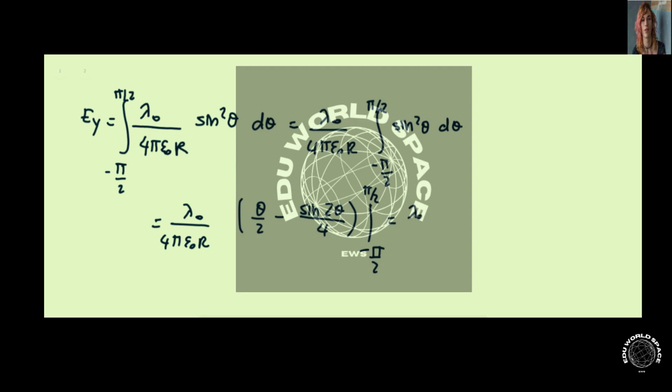Then we're going to have lambda naught over 4 pi epsilon naught r times pi over 2 minus sine 2 times pi over 2, which is sine pi, over 4, minus negative pi over 2 minus sine negative pi over 4.